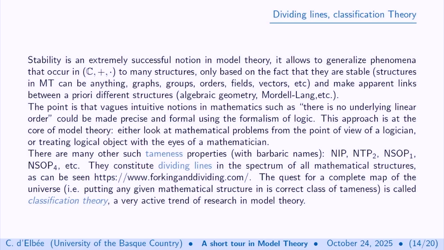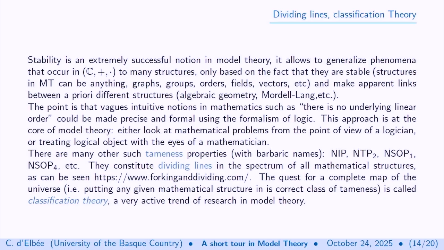And having this very large notion, it allows us to relate things that a priori are very, very different. So this is known as the world of algebraic geometry in mathematics. It's a very old and famous branch of mathematics.